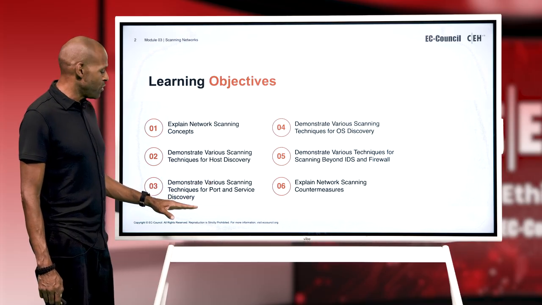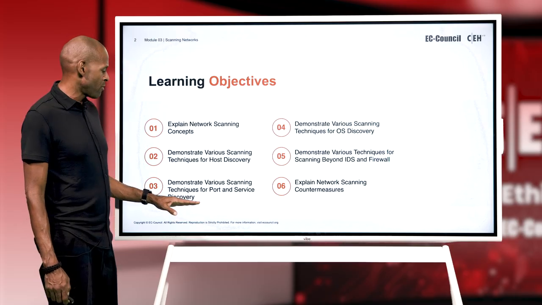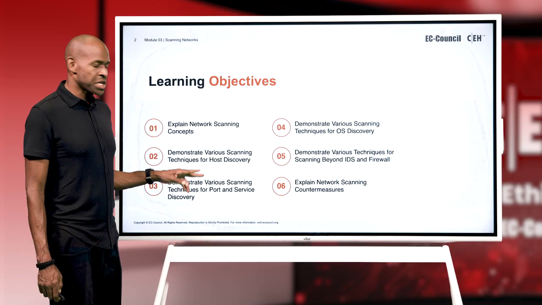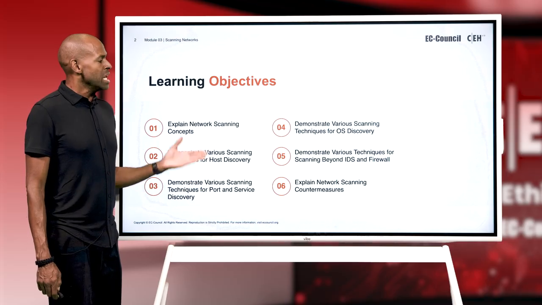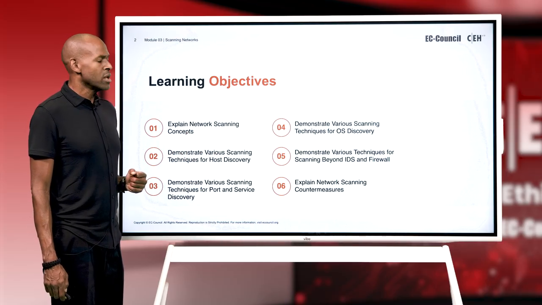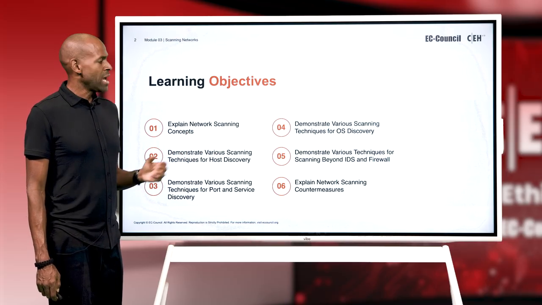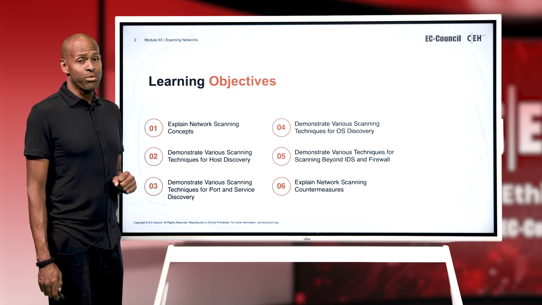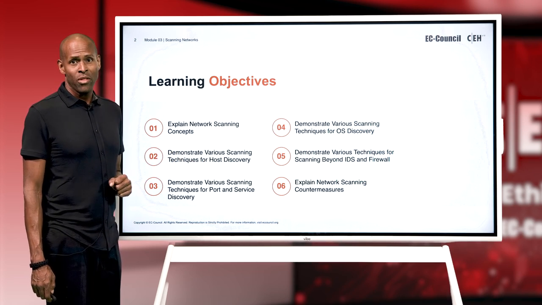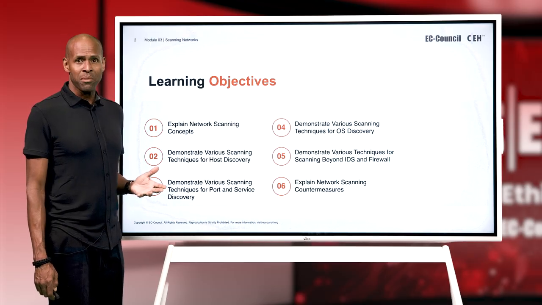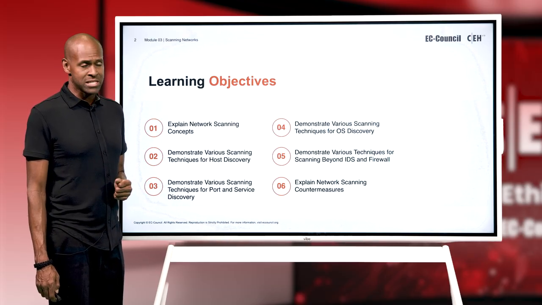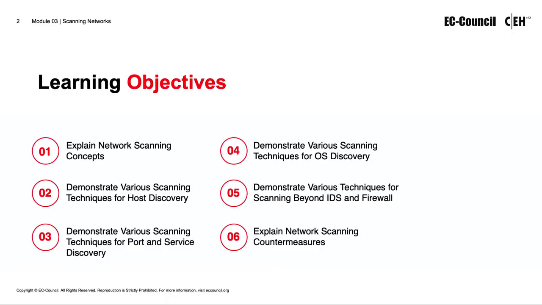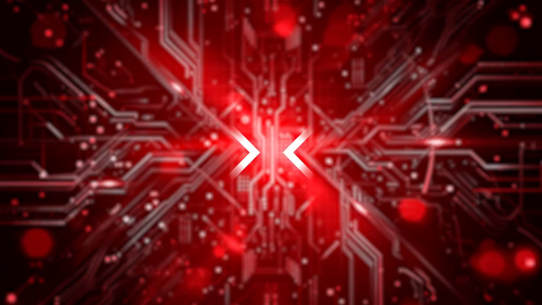Then we're going to move into section 3 here, where we're going to be looking at ports and services. So there's a contrast between the two of these. Next, we're going to look for OS discovery. And then from there, we're going to get a little bit of a preview for a module that we have coming up, which is scanning beyond the firewall and IDS. And then we are going to look at some countermeasures, do an overview of some of the countermeasures.